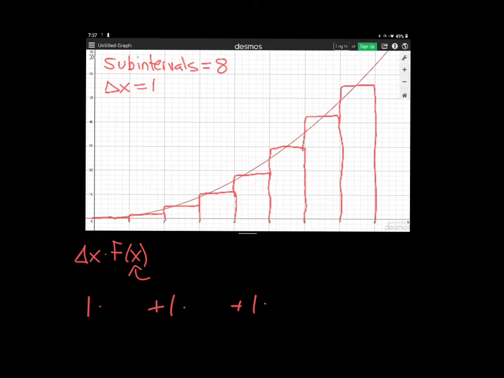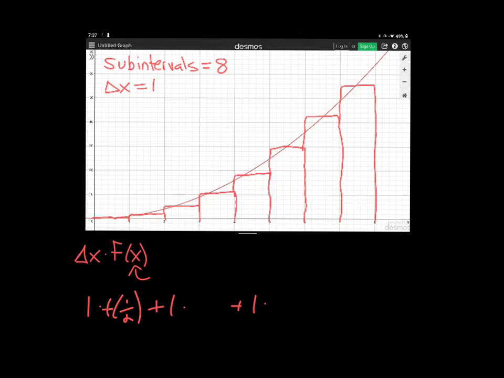So what are our heights? Well, remember that I'm using the midpoint of the subintervals. And so the heights are going to use 0.5, and then 1.5, and then 2.5, and then 3.5. That rectangle isn't very good, right? But you see what I'm saying? So then really what we're saying is, okay, our width is 1, then our height would be f of 1/2.